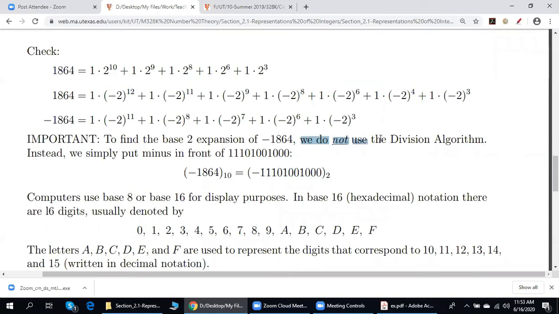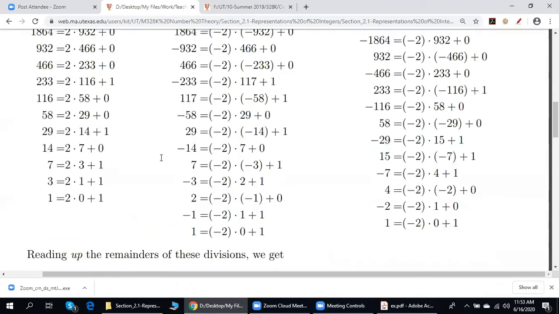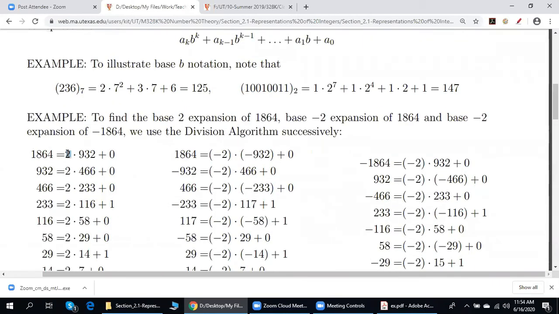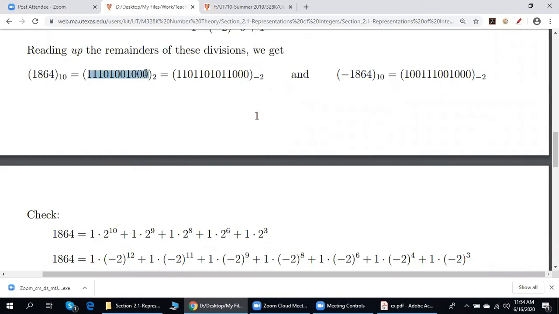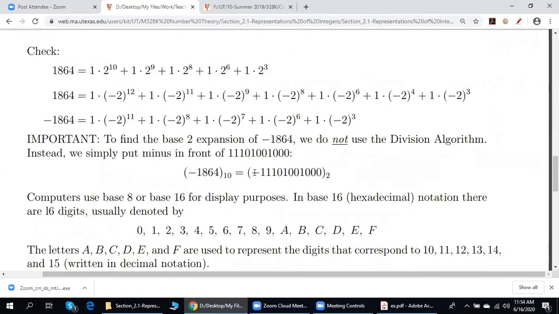So we do not use the division algorithm in order to come up with base 2 expansion of negative 1864. Step 1, we find base 2 expansion of positive 1864. Done. And then we put negative in front.